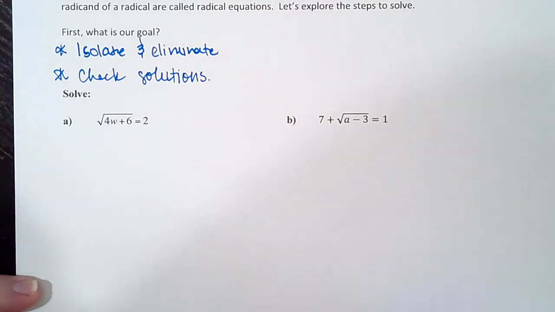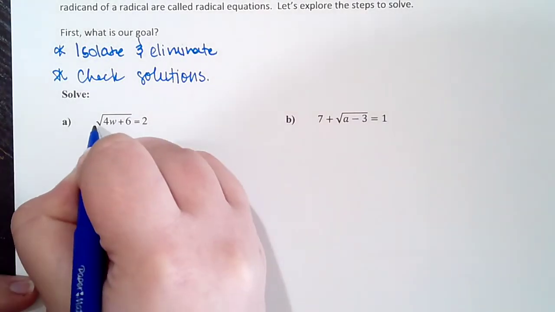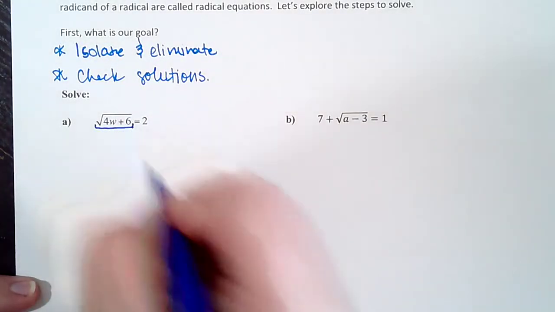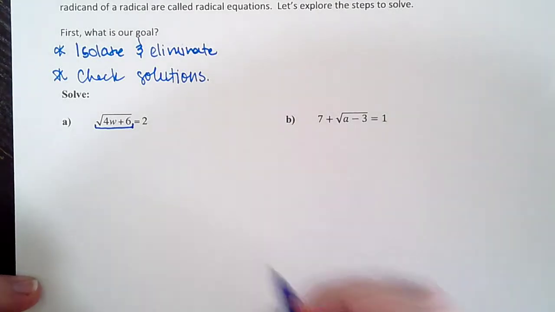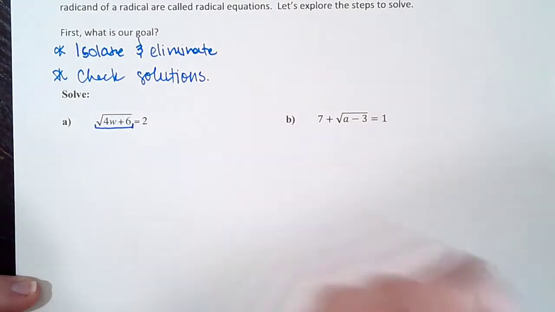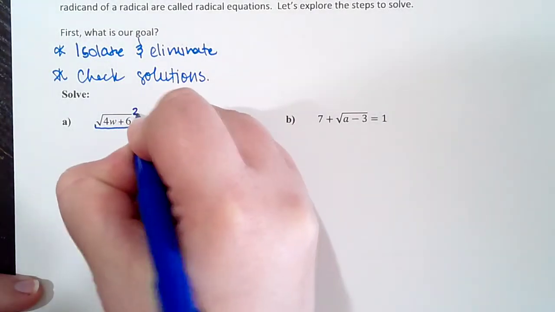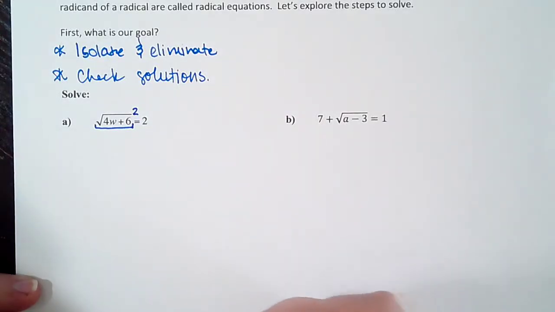So first problem, square root of 4w plus 6 equals 2. My first step is to isolate and eliminate. This is already isolated. Notice there's no other numbers around it. If there was, I would try to get those away so that I could take the next step, which is eliminate. If you're taking the square root of something, it makes sense that to eliminate the square root, you would square it.